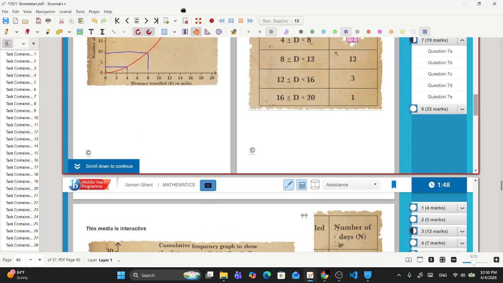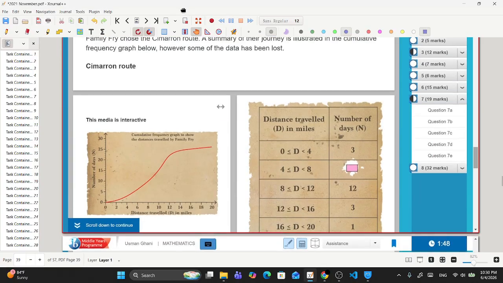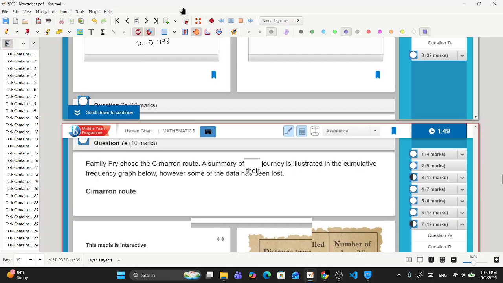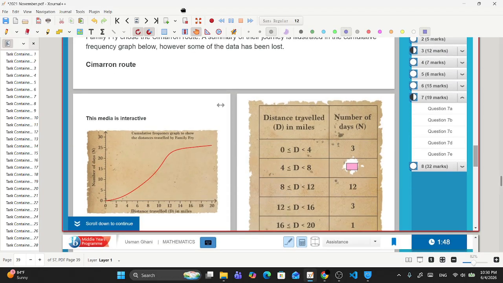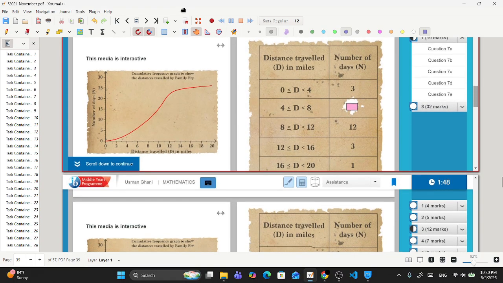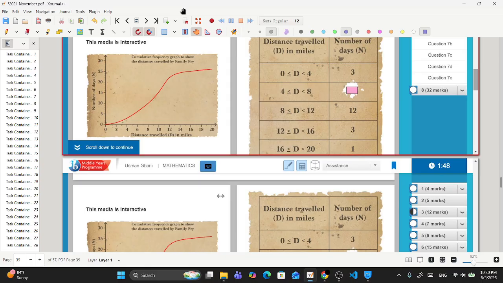This question is definitely very frustrating, honestly. For the Cameron route, this is the frequency, right? Here we can see that the modal class is this one. Ideally, people travel 12 days, and the distance they traveled is 8 to 12 miles roughly.